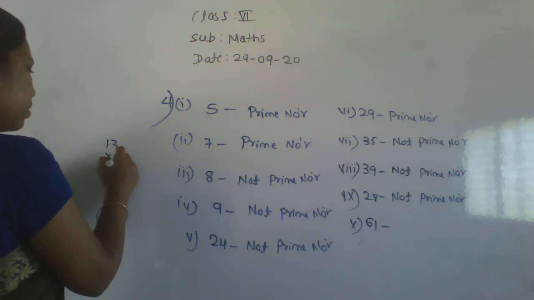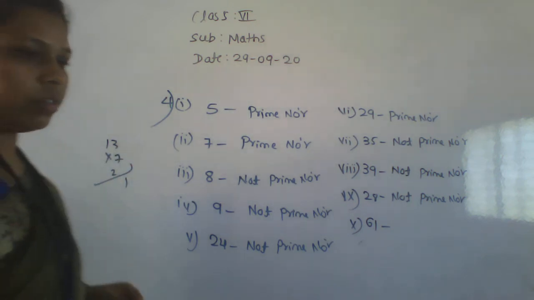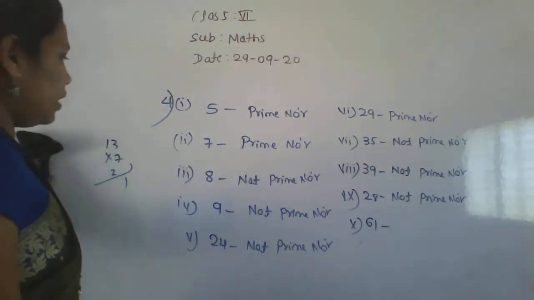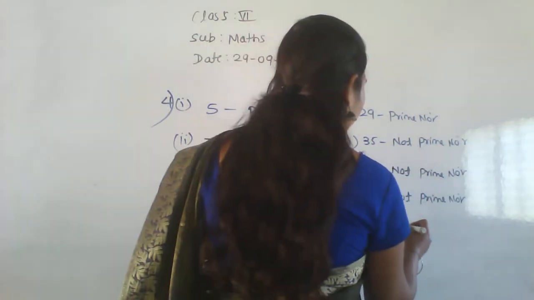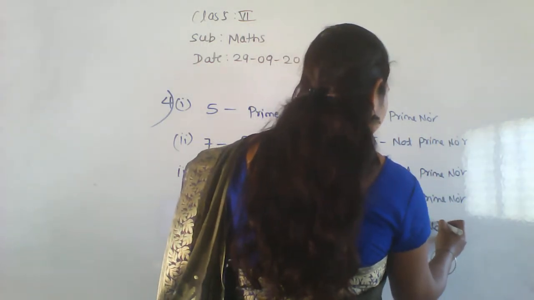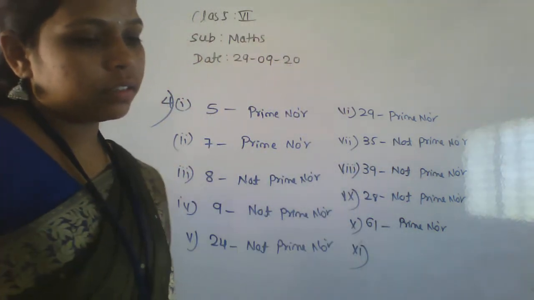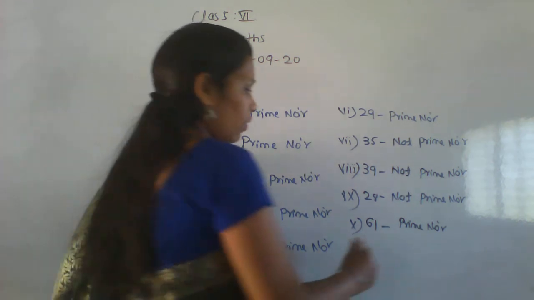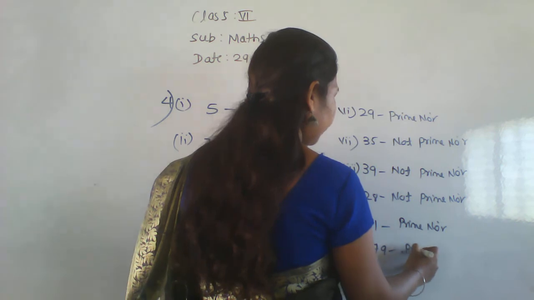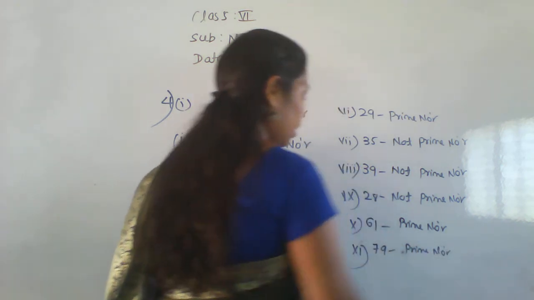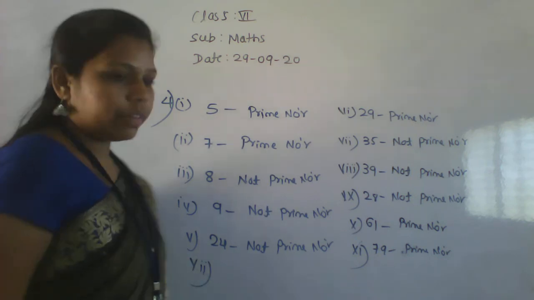Next, 79. Check whether 79 is a prime number. Yes, it's a prime number. Last one, the 12th one. What is the 12th question?